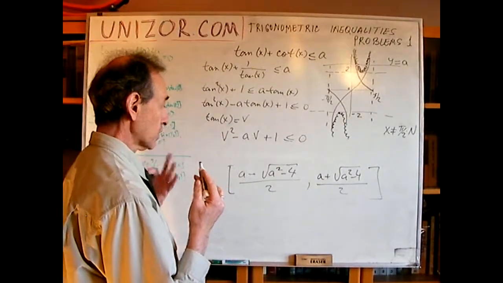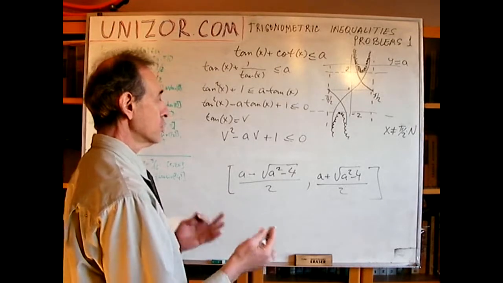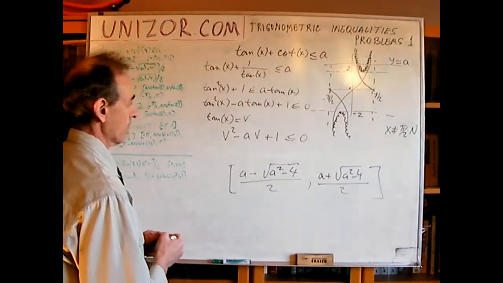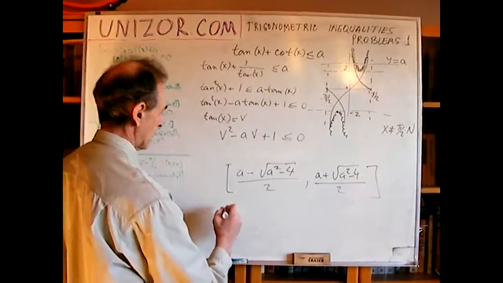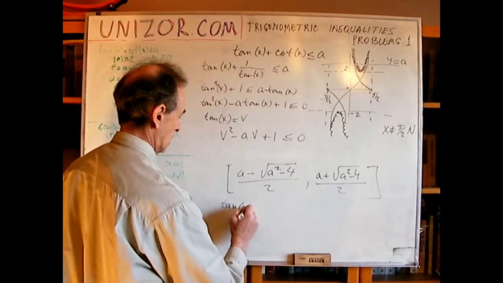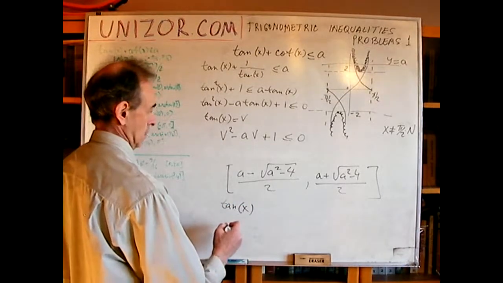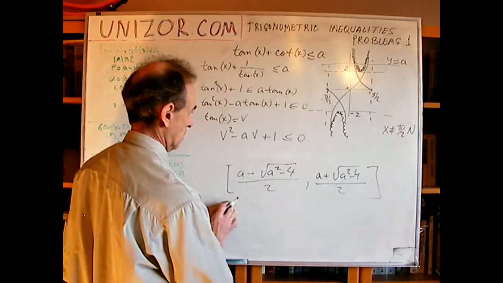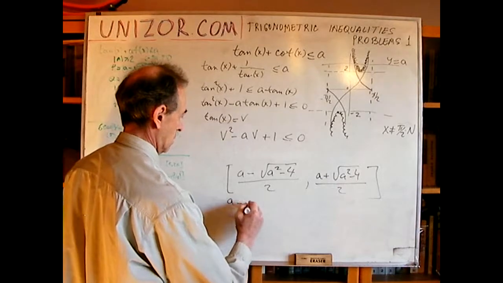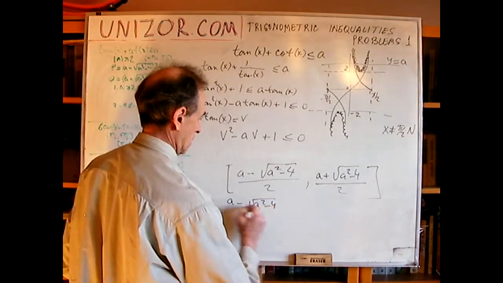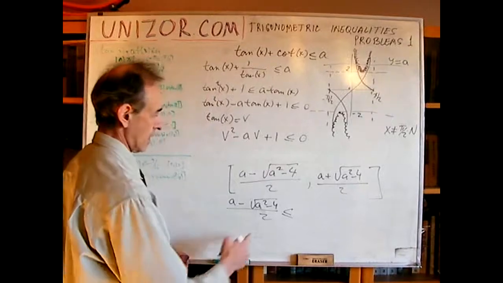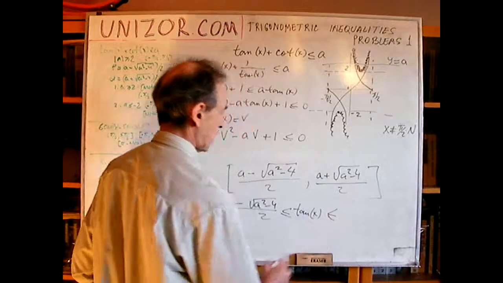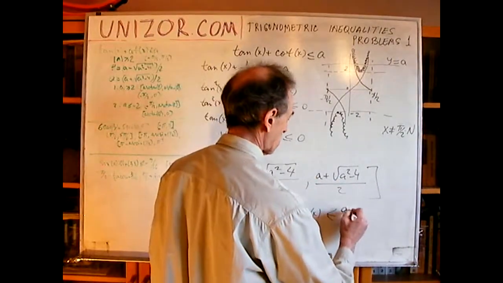So what we have actually reduced our original inequality to is that tangent of x should be greater than this particular expression, but less than this particular expression.